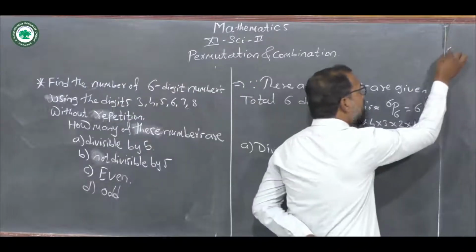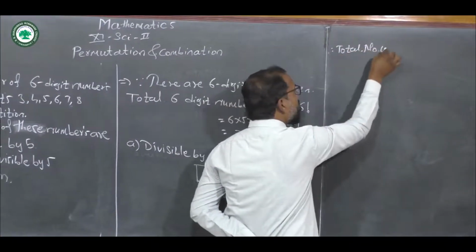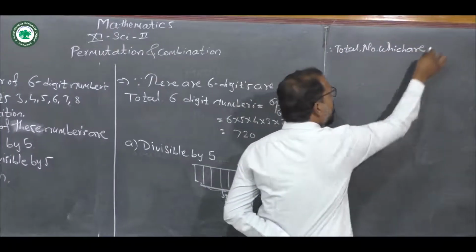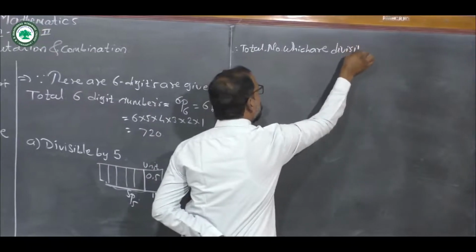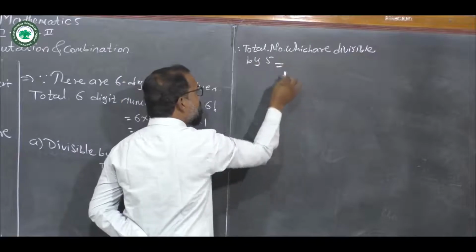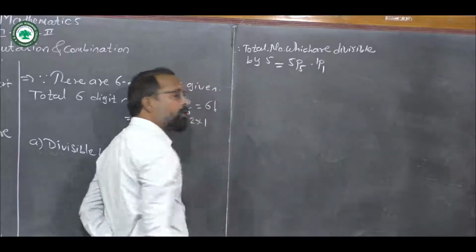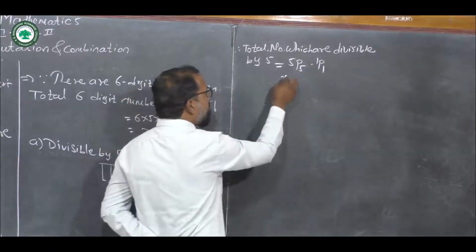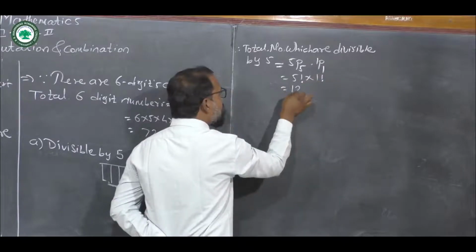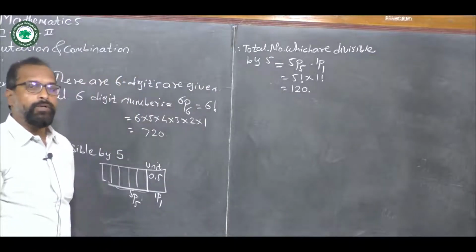So here we write, therefore, total numbers which are divisible by 5 equals 5P5 into 1P1, and so this can be written as 5 factorial into 1 factorial, which is found to be 120. 5 factorial is 120.